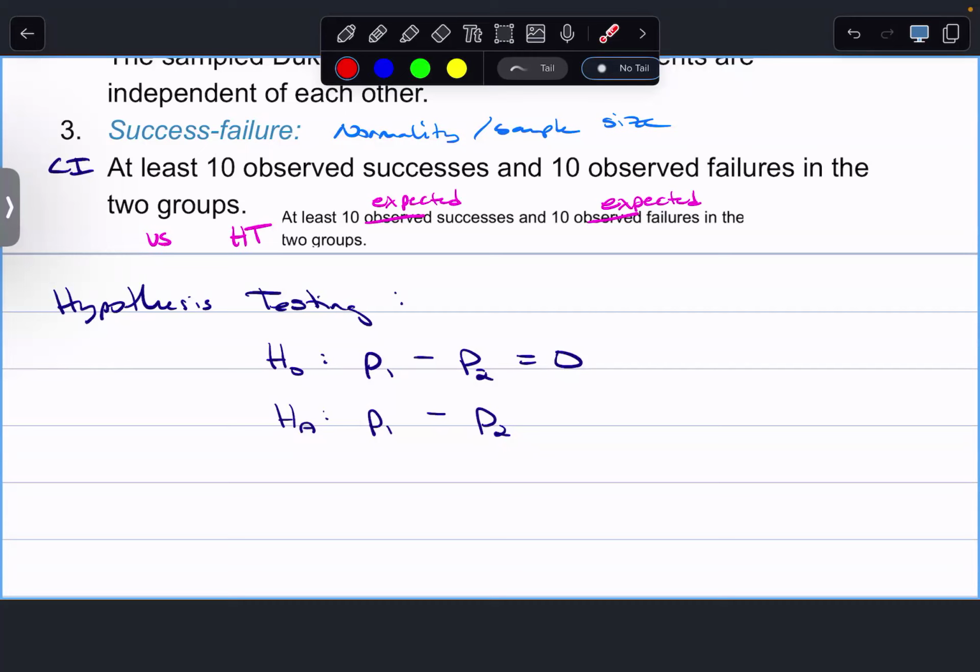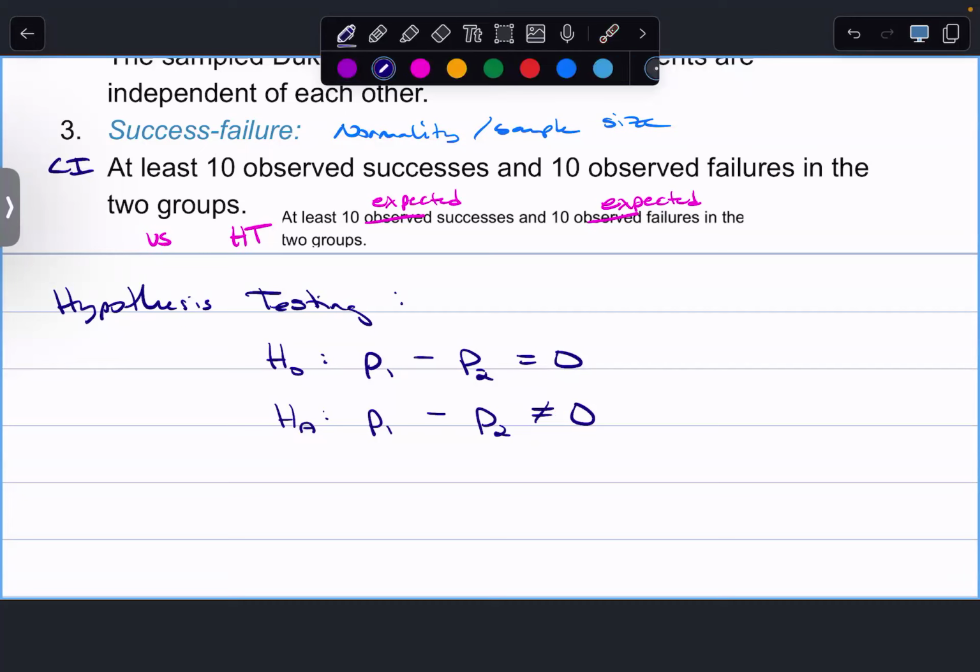And in fact, how it relates to 0. And what I'm going to do is just talk about not equal to. Of course, you can talk about less than or greater than. It just becomes a little bit tricky because if it's less than 0, what does that mean? It means that P2 is greater than P1, right? And so you kind of have to think about the behavior of P1 and P2 for it to be less than or greater than 0. And so for simplicity, let's just focus on not equal to for a little bit.